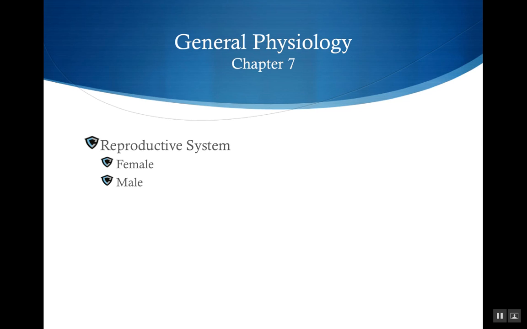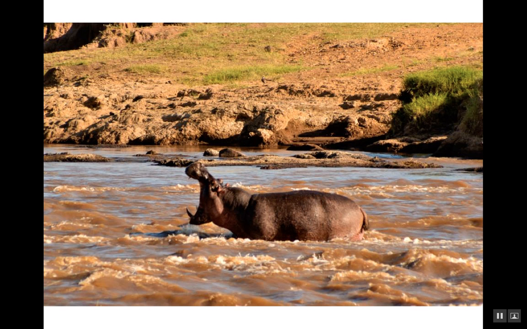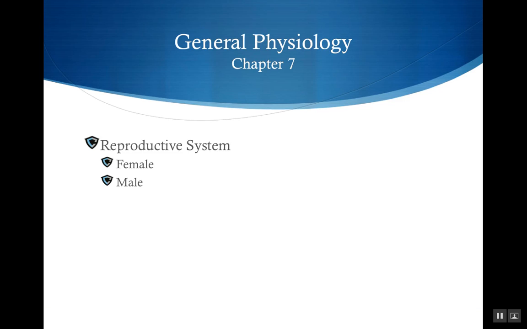All right, the next system that we will talk about is the reproductive system. The male and female reproductive system. It consists of external and internal genitalia. Fertility, or the normal function of the female reproductive system, begins at puberty with the onset of menstruation and ends at menopause.